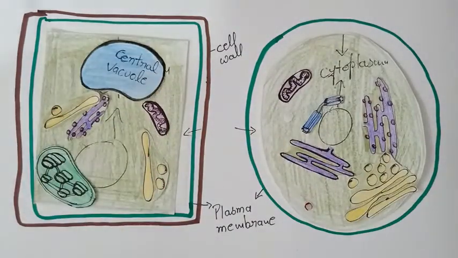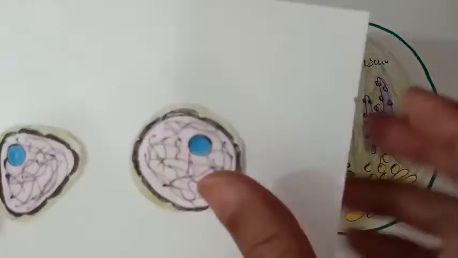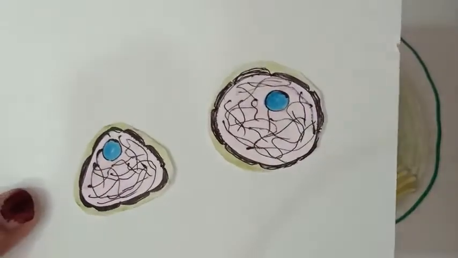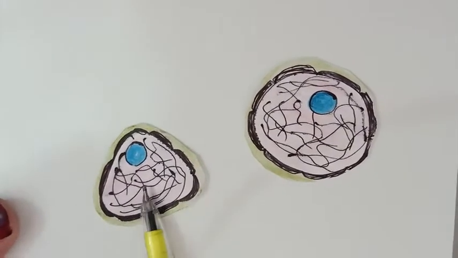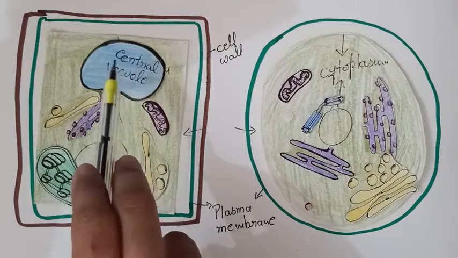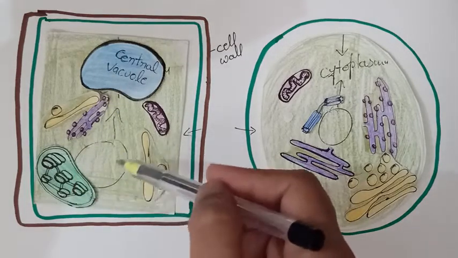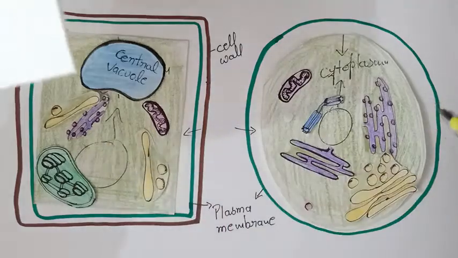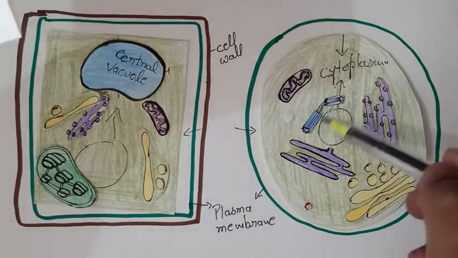Now moving towards the nucleus. So basically student, in case of both plant and animal cell, nucleus is present. But there is a basic difference between the nucleus in animal and plant cell: due to the presence of vacuole, the nucleus in plant cell is at the periphery, means it is pushed into a corner, whereas in case of animal cell, it is a centered structure.